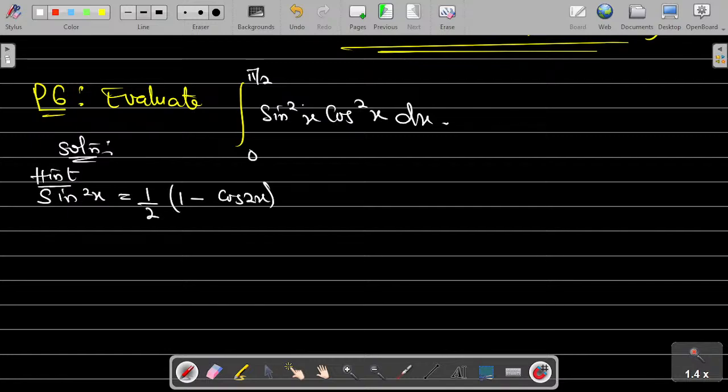You will get this from compound angles in trigonometry, and then the same will happen here. Cos squared x is equal to 1 over 2 of 1 plus cos 2x. If you expand cos 2x, which is cos of x plus x, you will get sine squared inside. If you expand this, you also get the other, and all of that.